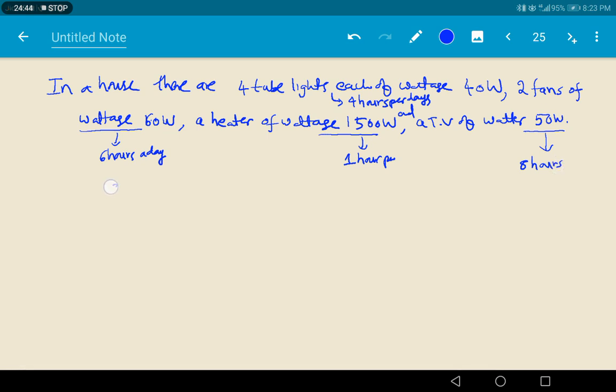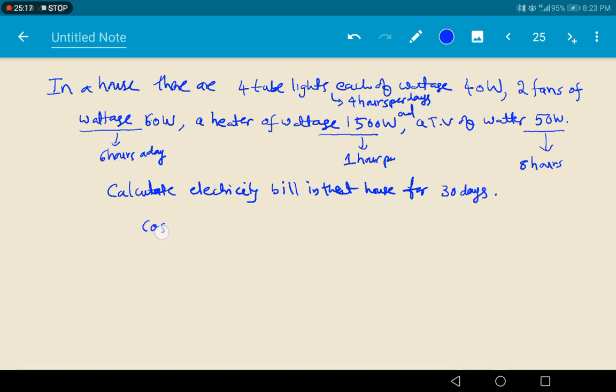Then find or calculate the electricity bill in that house for 30 days.